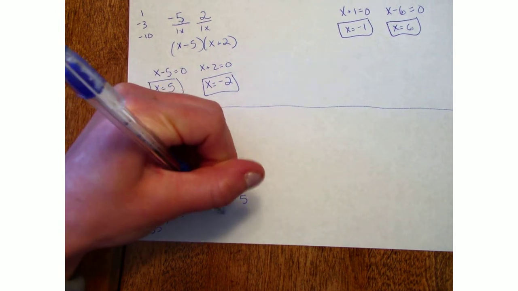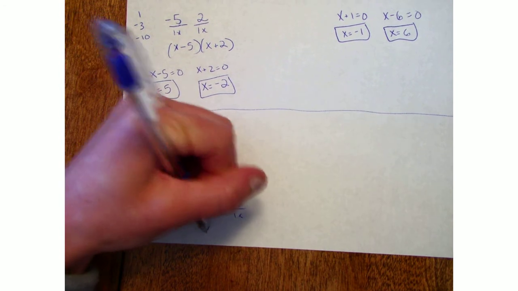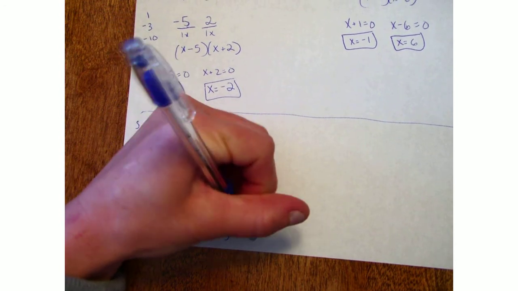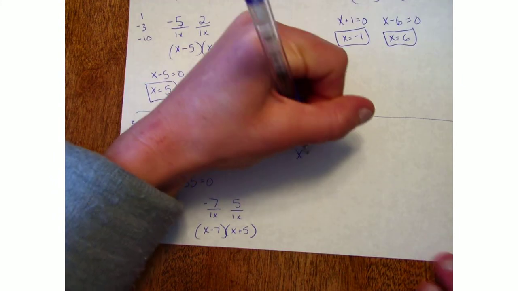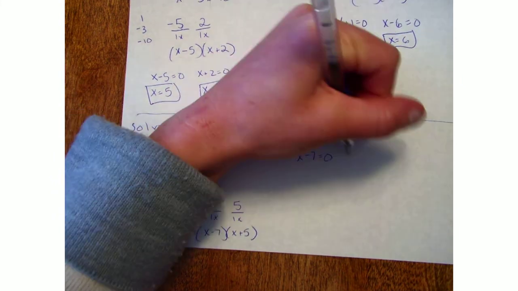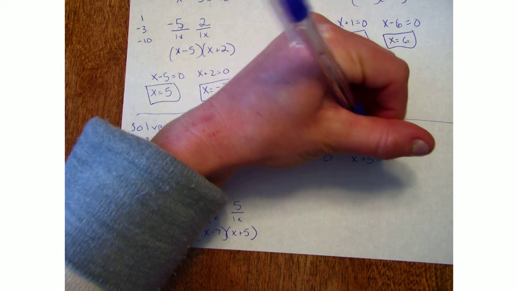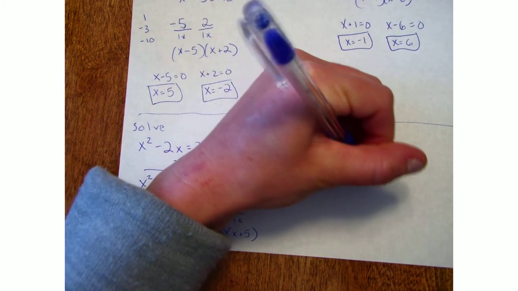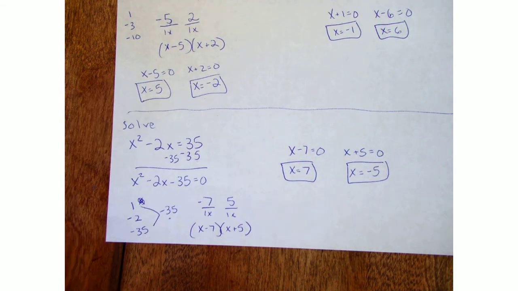Divide by 1x, divide by 1x, x minus 7, x plus 5. Bring that up here, x minus 7 equals 0, x plus 5 equals 0, x equals 7, x equals -5. And that is your answers.